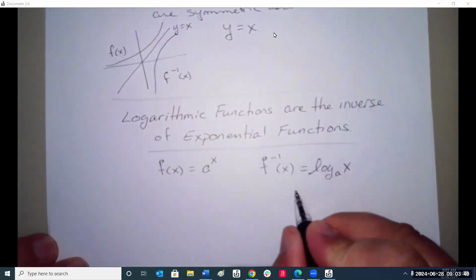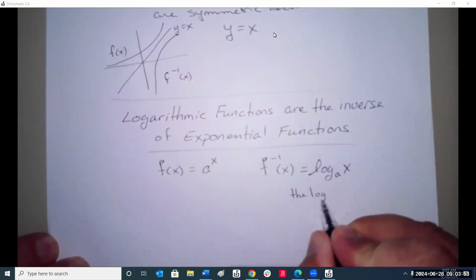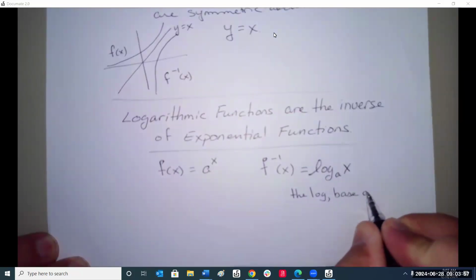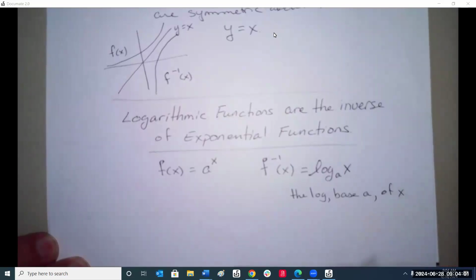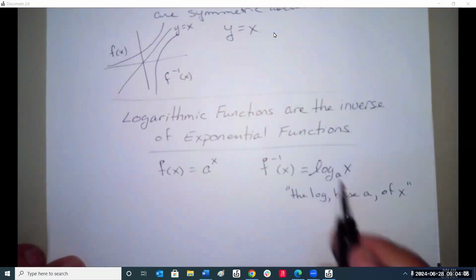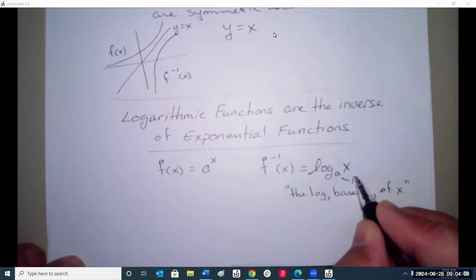And this is read, the log base a of x. So this is your base.